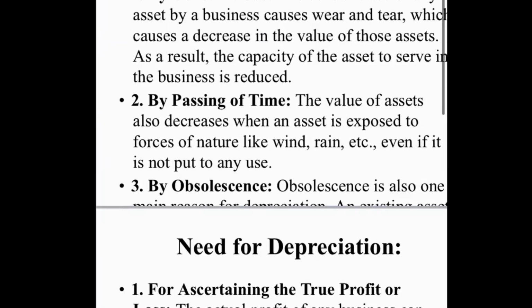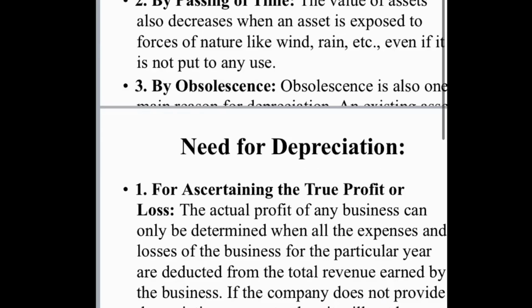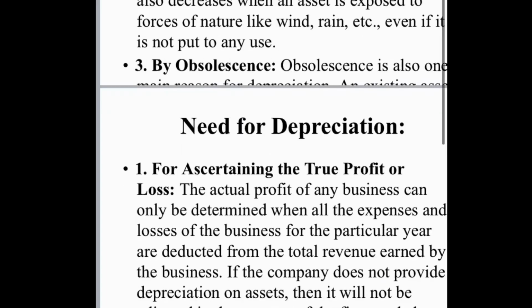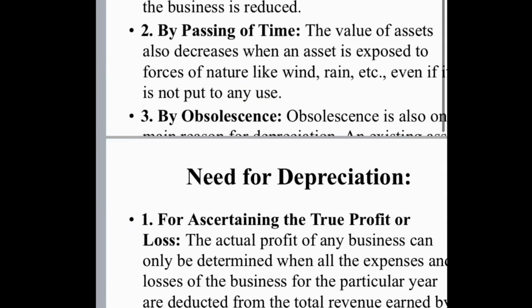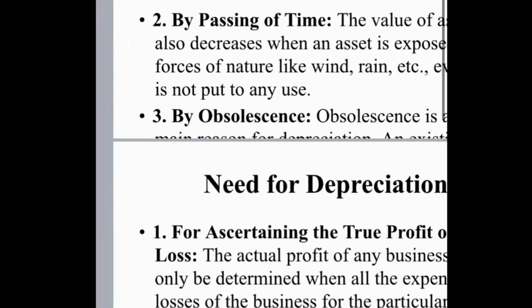If you are using a car, there is a chance that you'll get a scratch, or some mirror might have broken, or some internal carpet might have been torn off, or damaged. Seats might be damaged or misplaced. So because of that also the value of the asset will decrease.